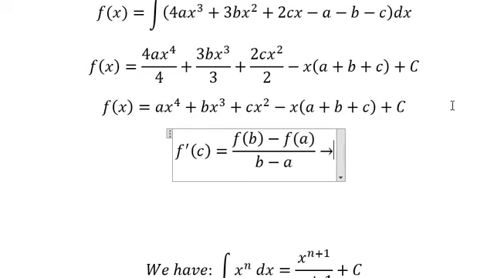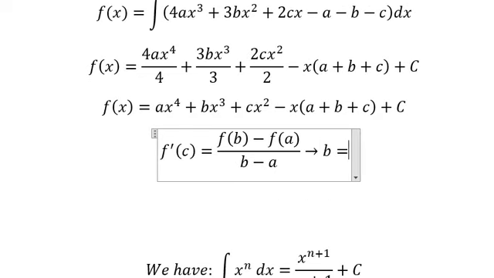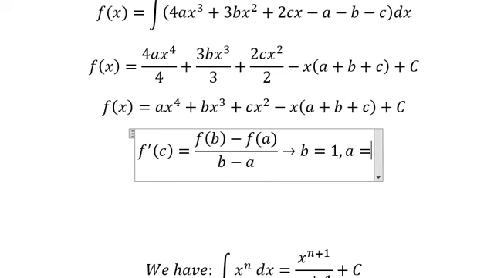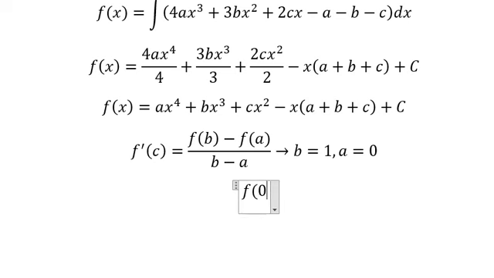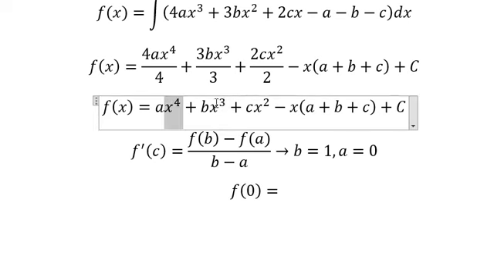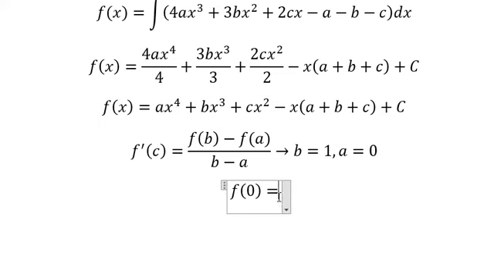So in this situation, b is number 1, a is number 0. Now if I put f of number 0 in here, number 0 I will put in here, and here. You get c, that is the constant.